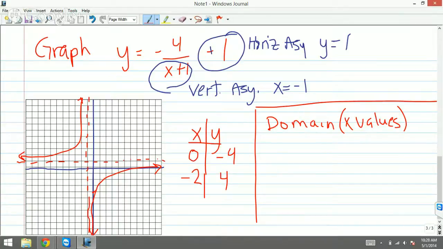Okay, what else? -1 is not possible. We're going to be here a while if we try to name them all. So can anybody come up with a general statement to describe the domain?